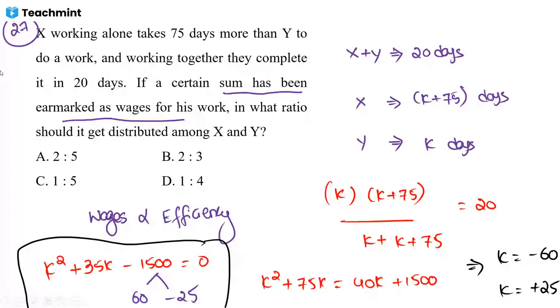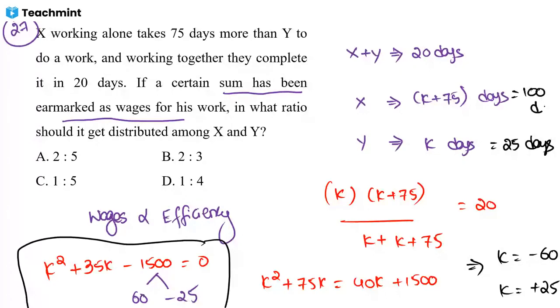Now we came to know X is 25, which is correct. Don't take the other one. So X is 25 days, K is 25, and this is 100 days.